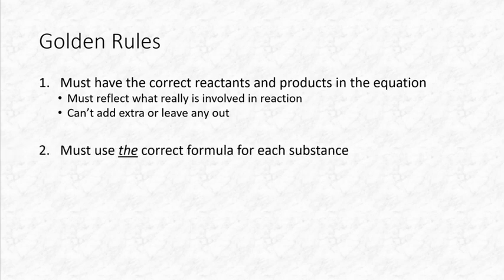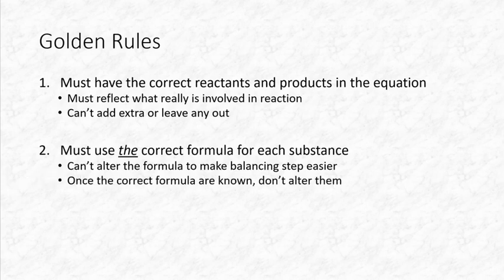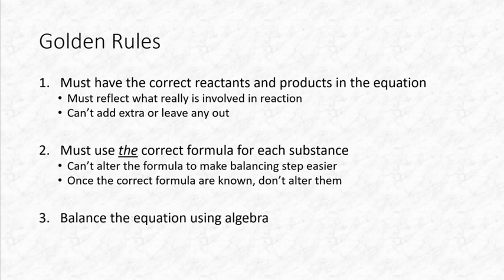And it's really important, this is what I consider the key golden rule, we must use the correct formula for each substance. We can't alter a formula or make one up because it might make a balancing step a bit easier. We just have to use what the formula really is. And once the formula for something is known, we can't alter it.